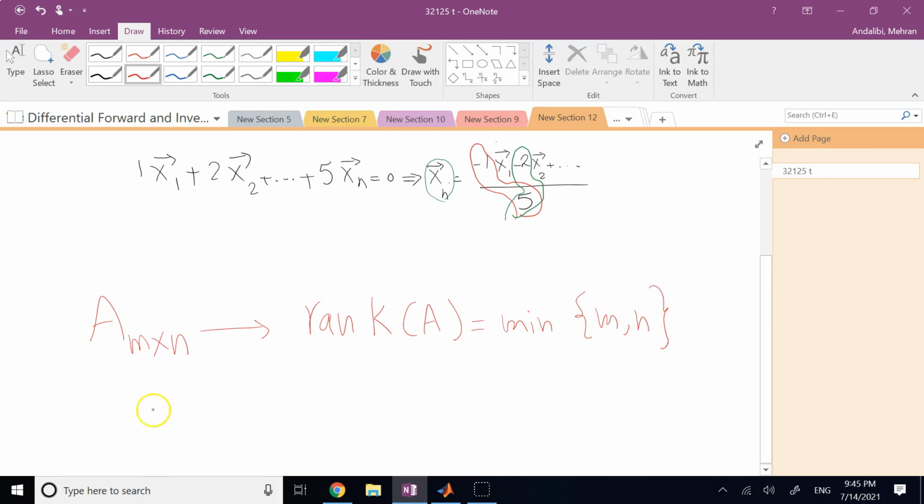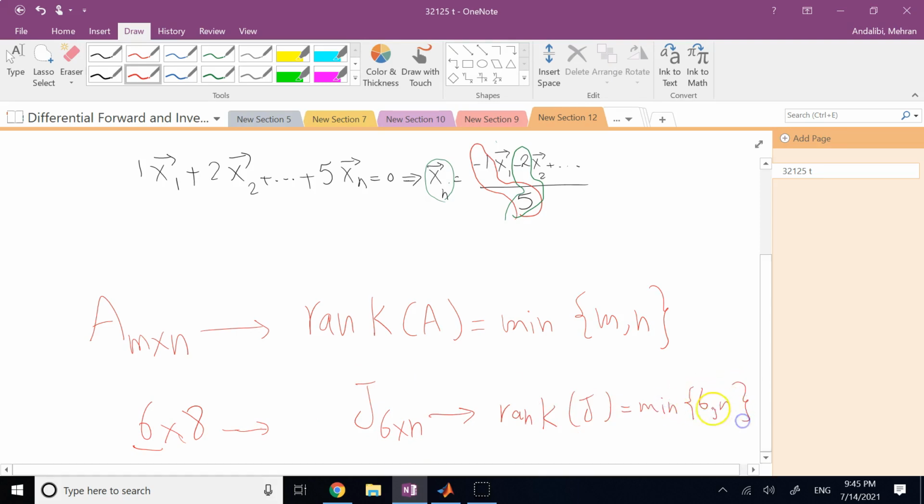So if it's like a 6 by 8, then the rank can at most be 6. It can never be the bigger number, right? So when your J is 6 by n, what is the rank? Well, the rank is at most the minimum of 6 and n. So if you have less than 6 joints, then it is n.